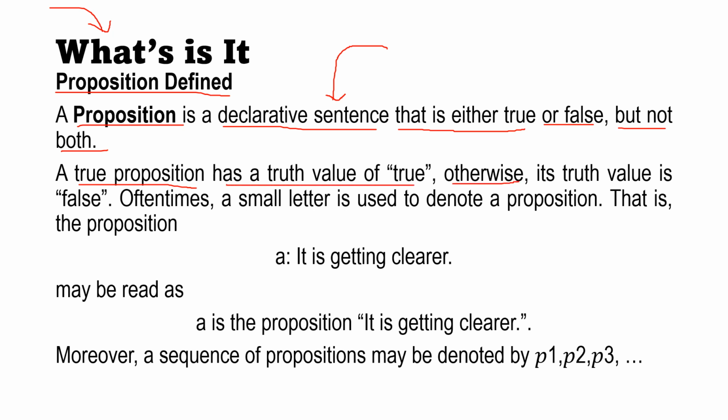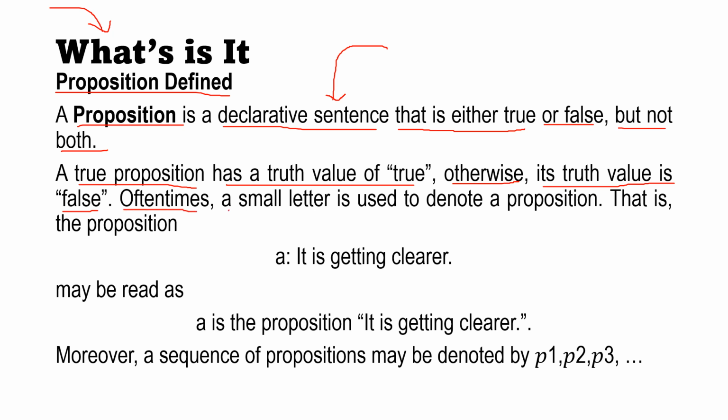Otherwise, its truth value is false. If the proposition is a true statement, then the truth value is true. When the proposition is a false statement, then the truth value is false. So that's simple, no? The truth value depends on whether the proposition is a true or false statement.